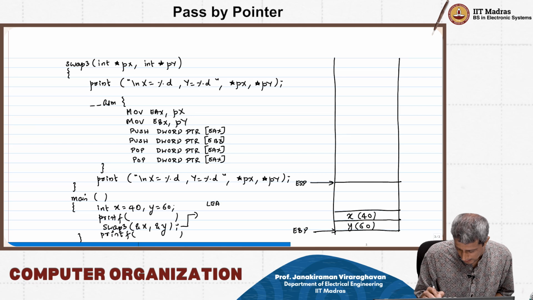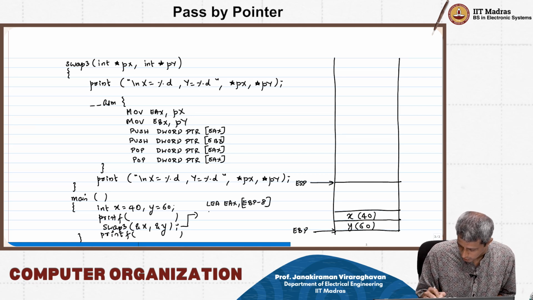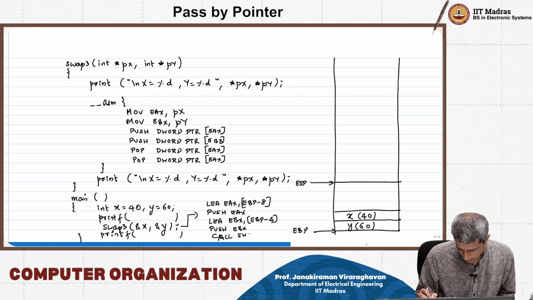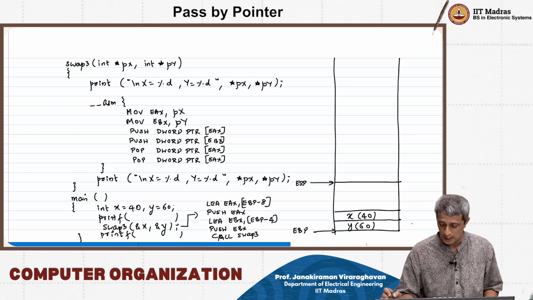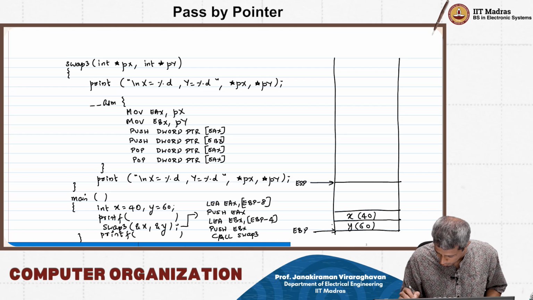You will do LEA EAX comma EBP minus 8, then push EAX, then LEA EBX comma EBP minus 4, then push EBX and call swap 3.